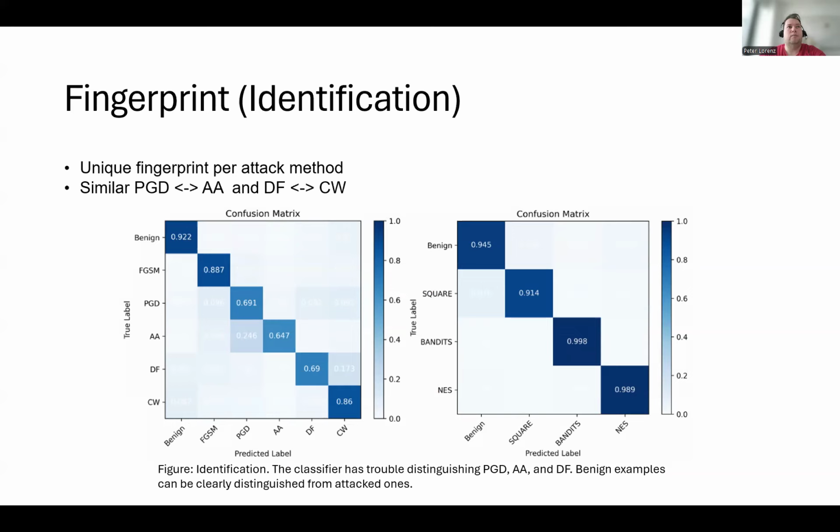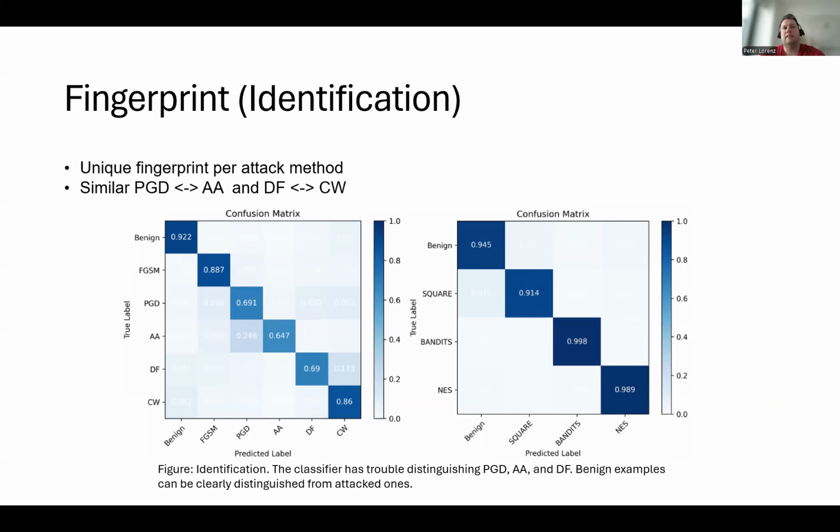Here are some fingerprint identification results. On the left hand side, we have a confusion matrix on the white box attacks, and we can see that there are clear fingerprints, except for PGD and AutoAttack, which are again very similar attack methods, and DeepFool and Carlini and Wagner attack, which are also sometimes mistaken.